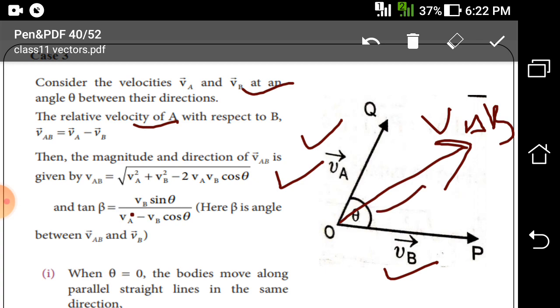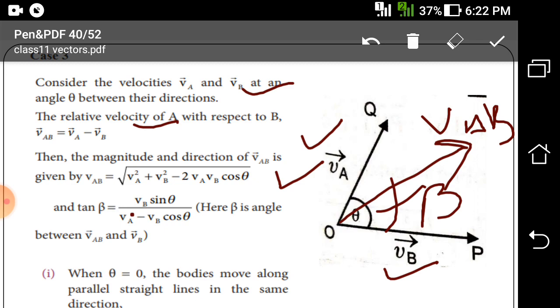So tan beta is the angle the resultant makes with the velocity VB, as seen from the diagram. When theta is 0, it means VA and VB are both traveling in the same direction along parallel lines. So resultant velocity is given by square root of VA square plus VB square minus 2 VA VB cos 0.